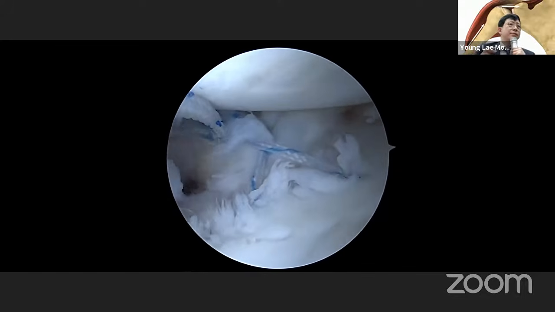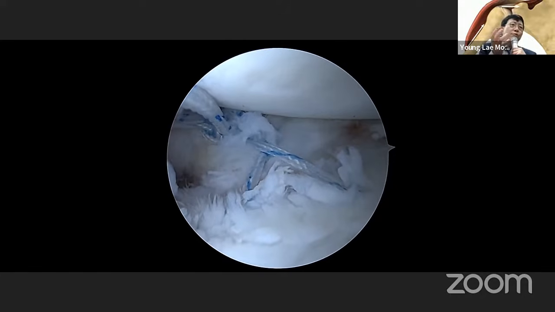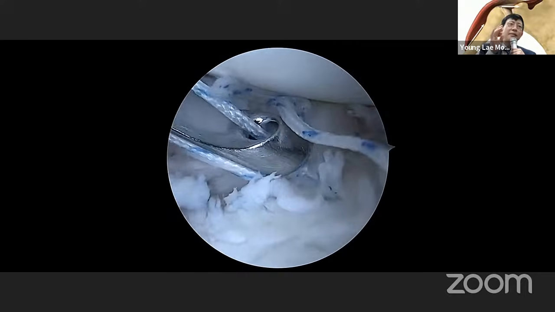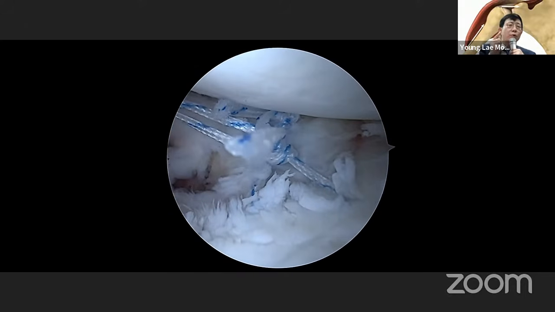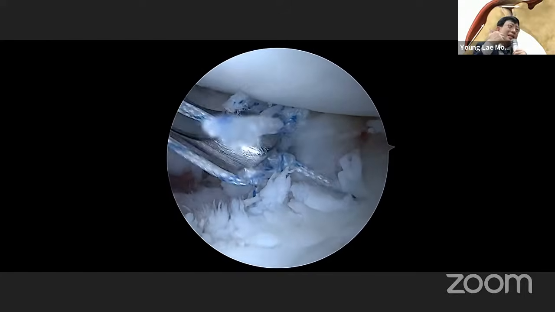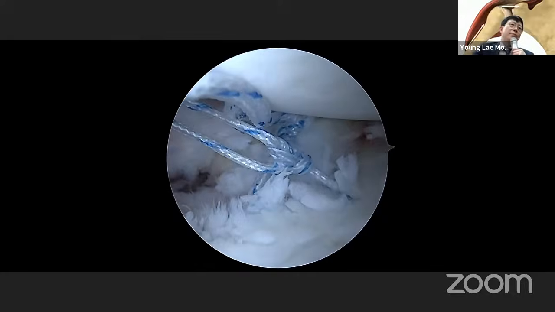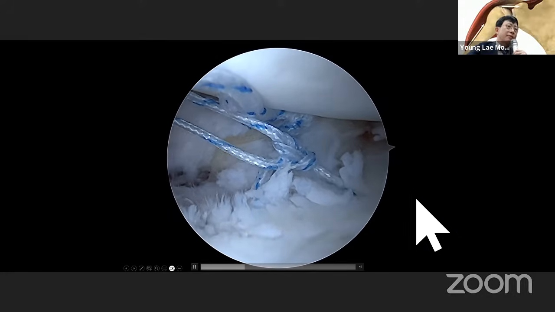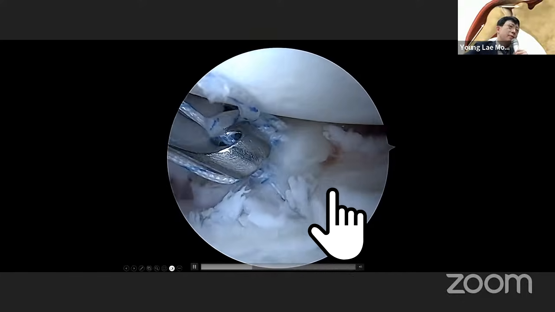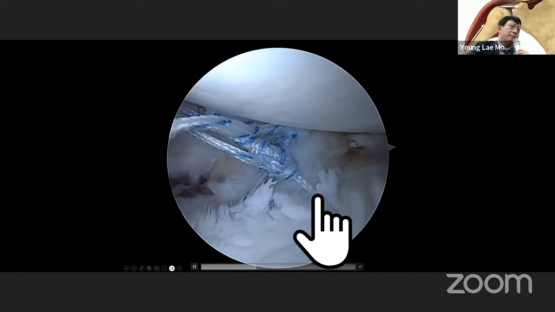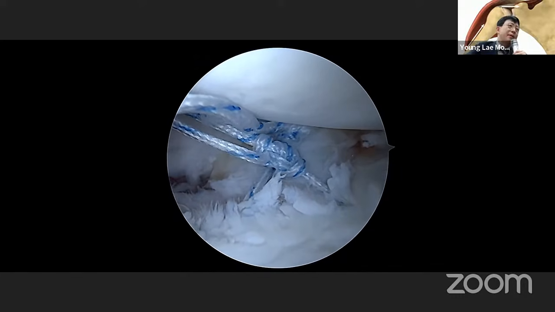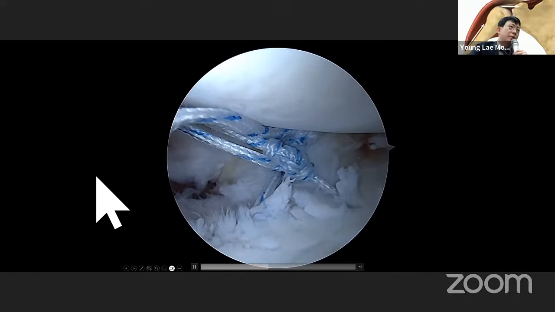Even though the patient feels secure under the arthroscopic view, and 2 or 3 stitches are enough, I usually add 2 more stitches for being supportive. Sometimes this kind of stitch easily slips. That's why I add preventive, additional stitches.